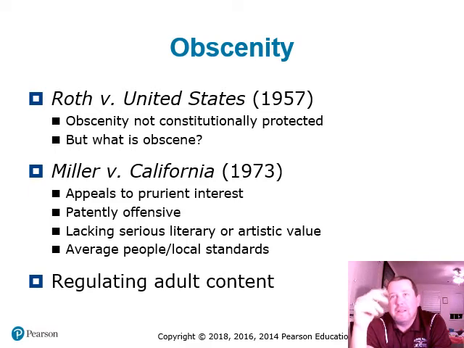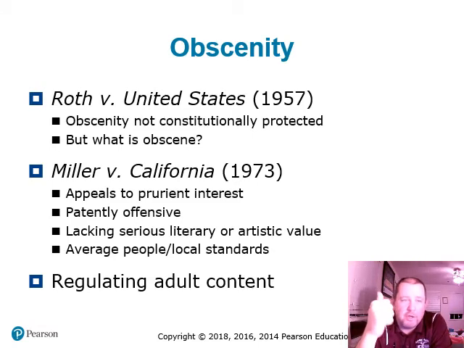And so the standard these days is: is there artistic value? Is there literary value? Is there political value to this obscene material? And if so, it's generally deemed permissible, right?